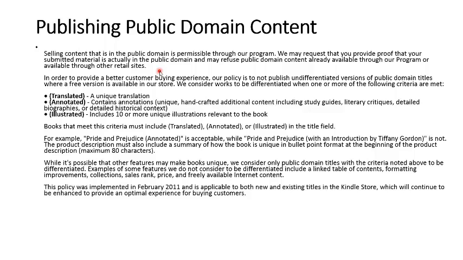And so what Amazon is saying is if that material is already available through them, you will not be able to publish it again on their website. Now, what I want to show you is how to take a public domain work and turn it into a derivative.